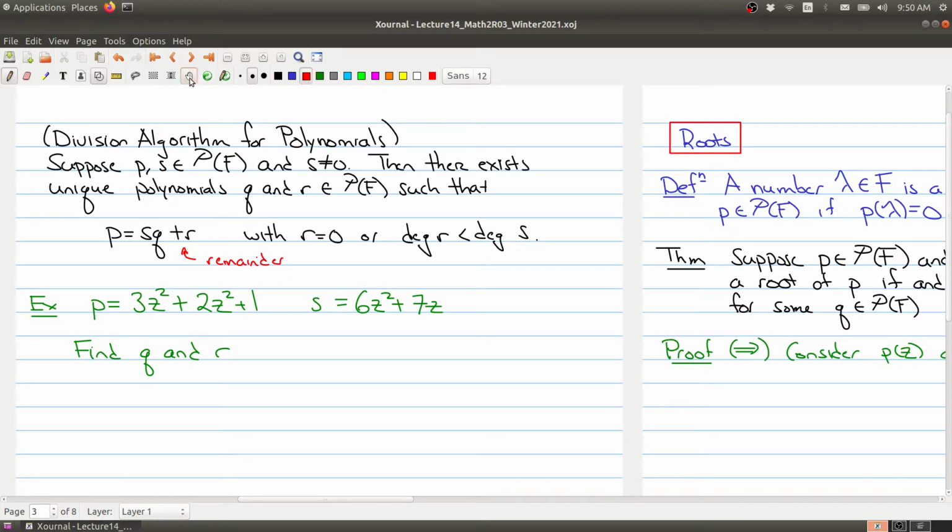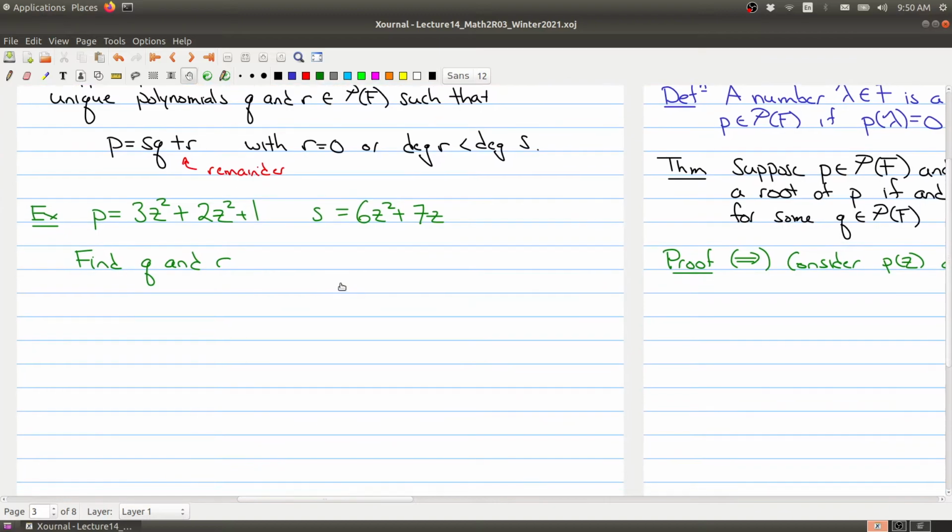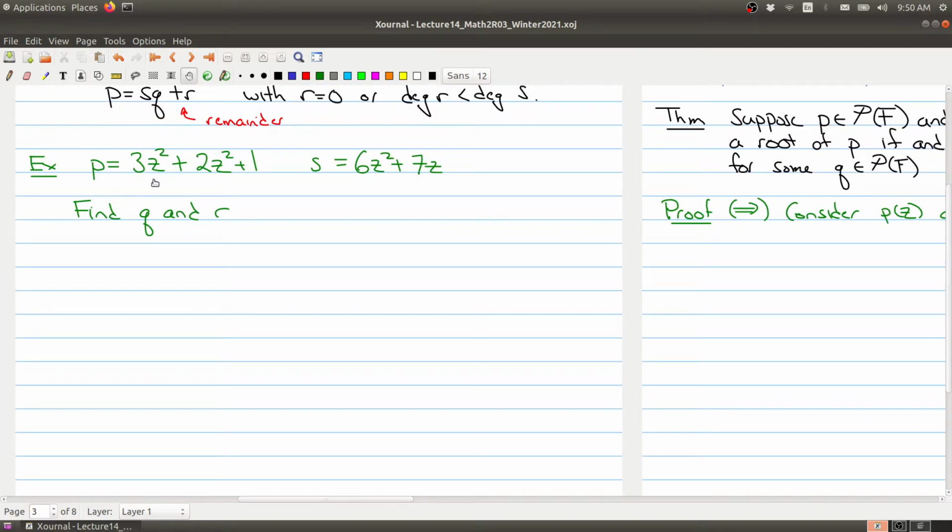Let me show you an example. Let's say my first polynomial is 3z squared plus 2z plus 1, and my second polynomial is 6z squared plus 7z. We want to find the q and the r, and we just do long division of polynomials.